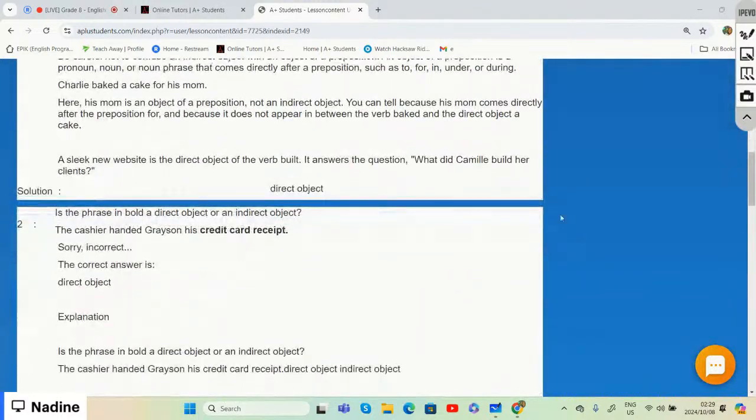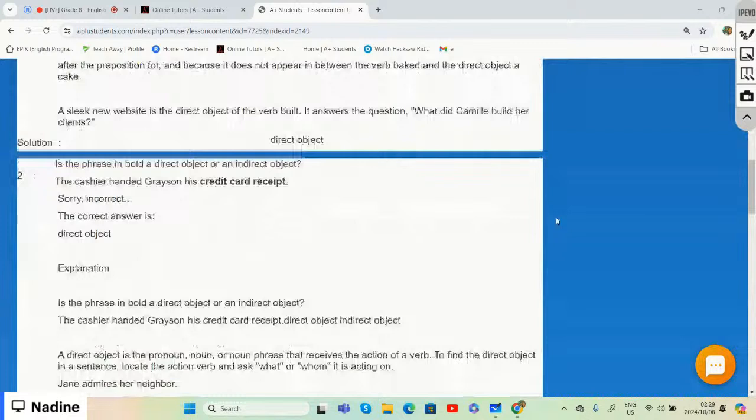All right. If we look at the next one, it says the cashier handed Grayson his credit card receipt. We need to say, is that phrase in bold a direct object or an indirect object?